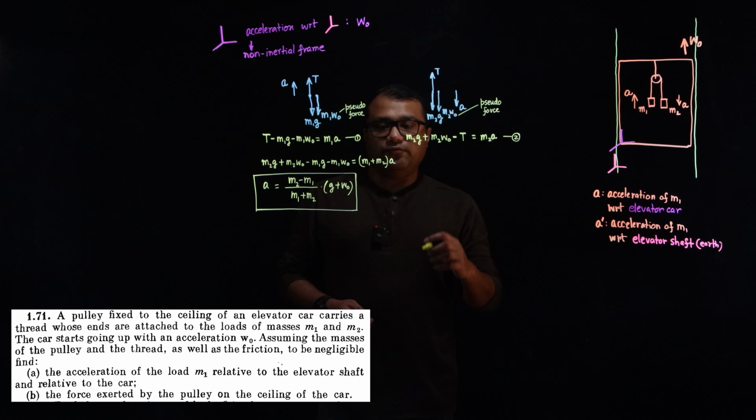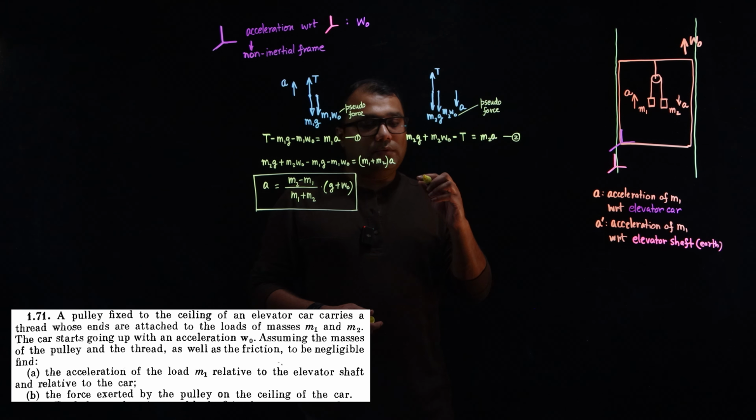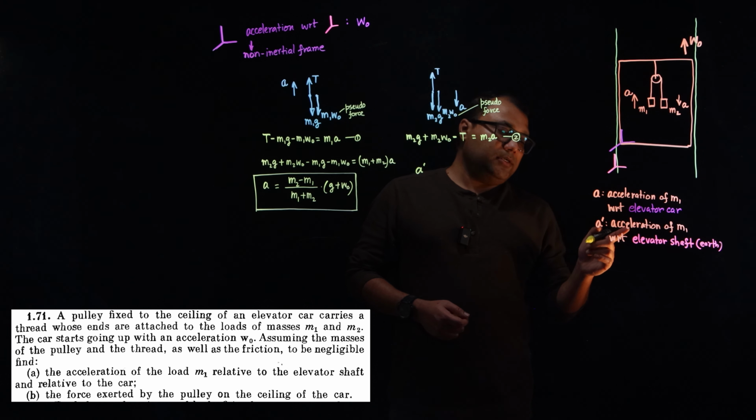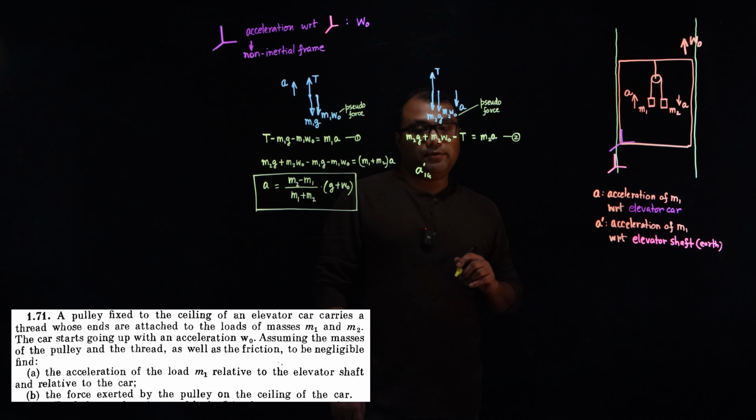So A dashed is easy to find out because vectorially, A dashed is acceleration of m1, let's say 1, with respect to ground or shaft.